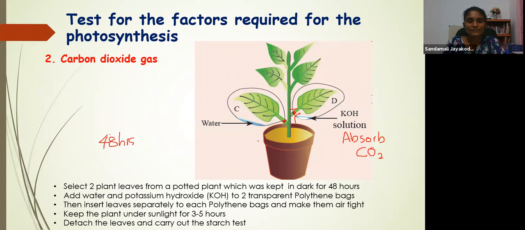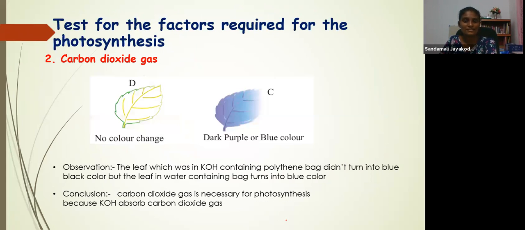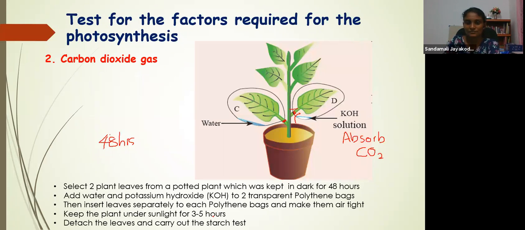Then we again detach the leaves, as done in the previous test, and we perform the starch test. So our result is this. In D, no color change.